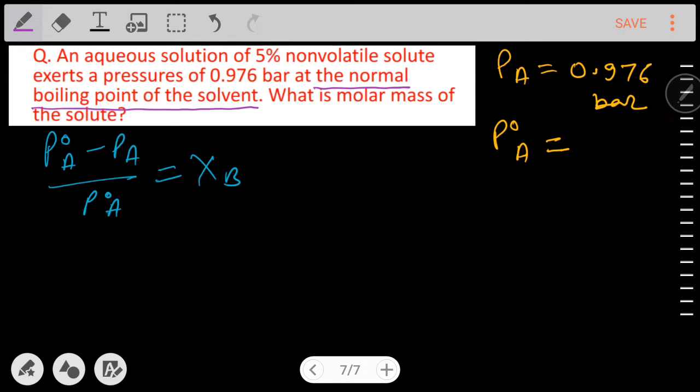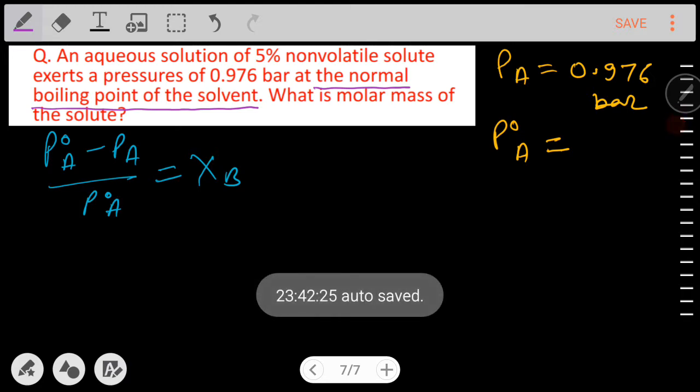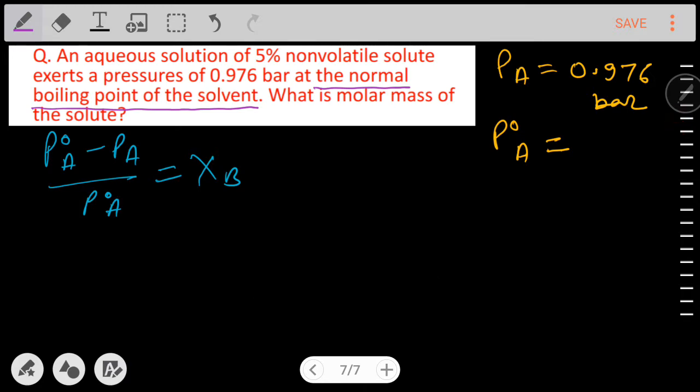If you are doing the experiment at the normal boiling point of the solvent, then definitely the vapor pressure of the solvent will be equal to the atmospheric pressure, and that's why the value of P naught A must be 1 atm.